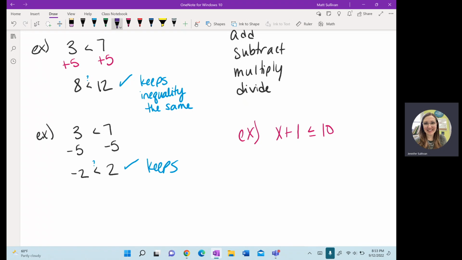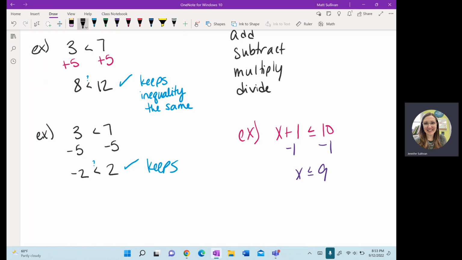So how do I undo add 1? Subtract 1. And subtracting 1 from both sides keeps my inequality symbol exactly the same. And 10 minus 1 is 9. So this is my solution. Any x less than or equal to 9 is going to give me a true statement in my original inequality.